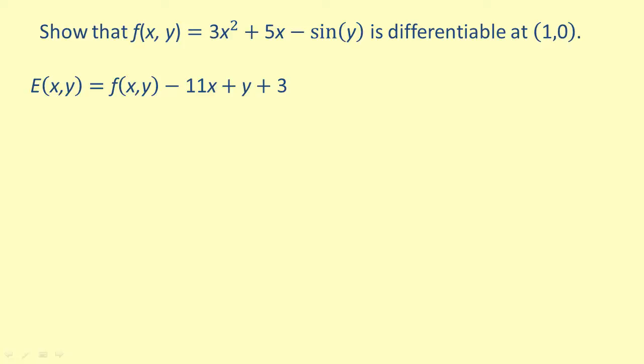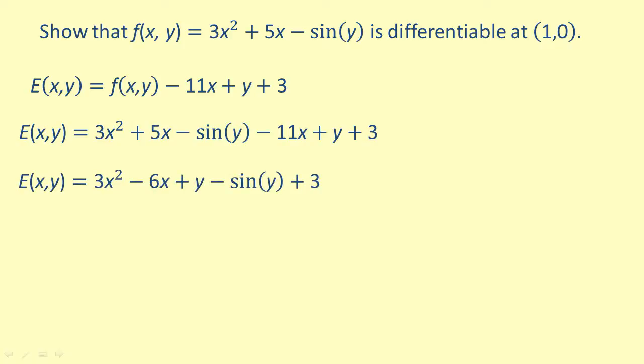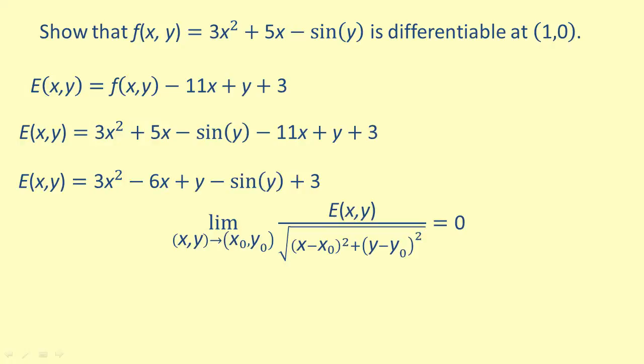Our substitution gives us 3x squared plus 5x minus sine y minus 11x plus y plus 3. Upon simplification, we find that e(x, y) is equal to 3x squared minus 6x plus y minus sine y plus 3. We now want to substitute this for e in the limit and verify that this is equal to 0.